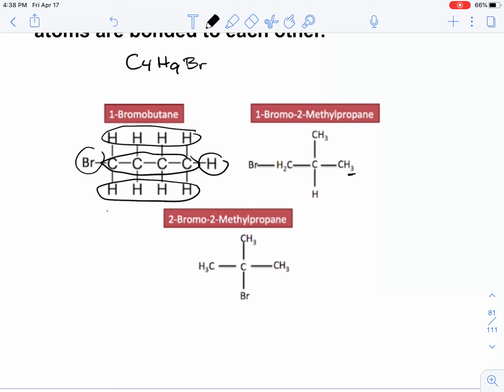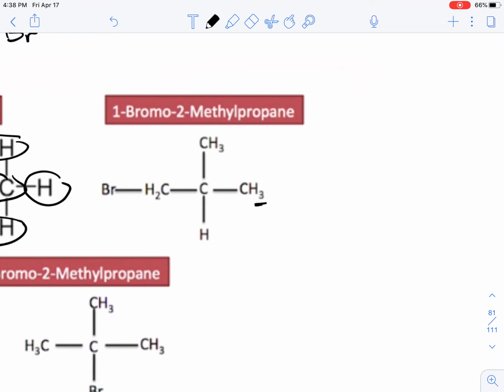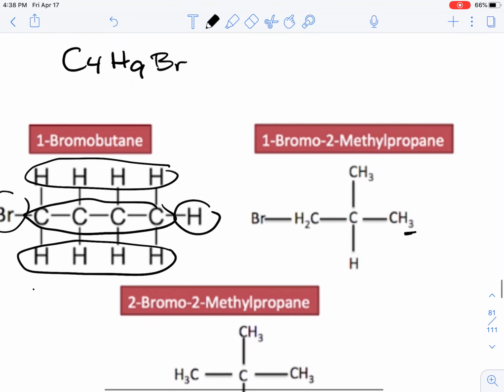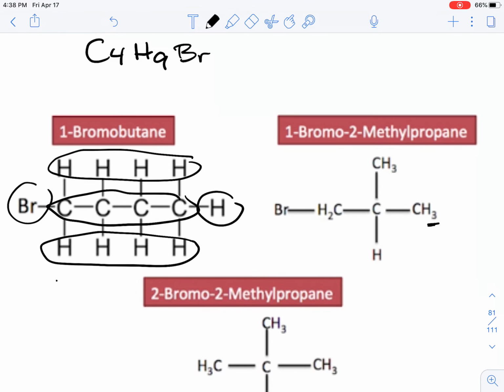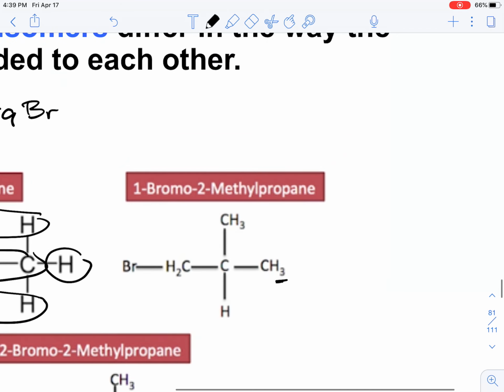Let's take a look at 1-bromo-2-methylpropane. If you look, their structures are completely different from each other. They don't look anything like each other. However, when we count the number of hydrogens, carbons, and bromine, we'll be able to determine whether or not they're structural isomers of each other.